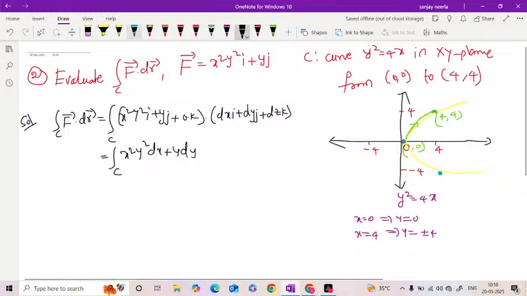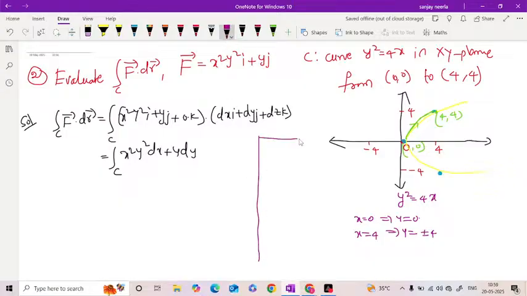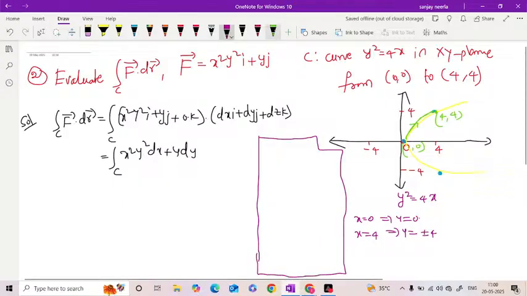But the question is, here we can convert the whole function in terms of x, or you can convert it in terms of y. Which one is best? In the previous problem we converted totally in terms of x.